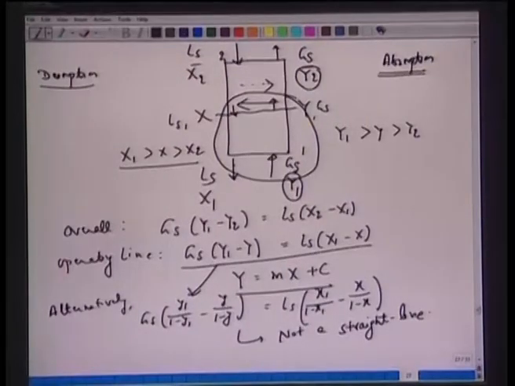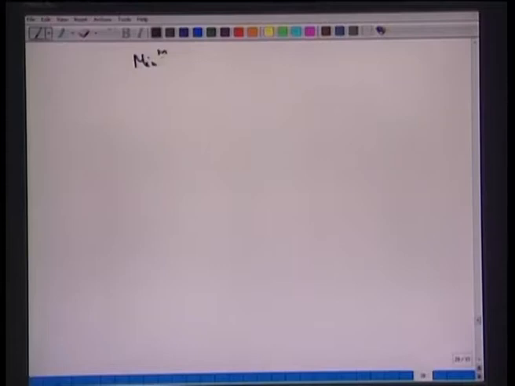Now there is another interesting thing. When we make this mass balance, we also address one design variable. It's called the minimum liquid gas ratio.